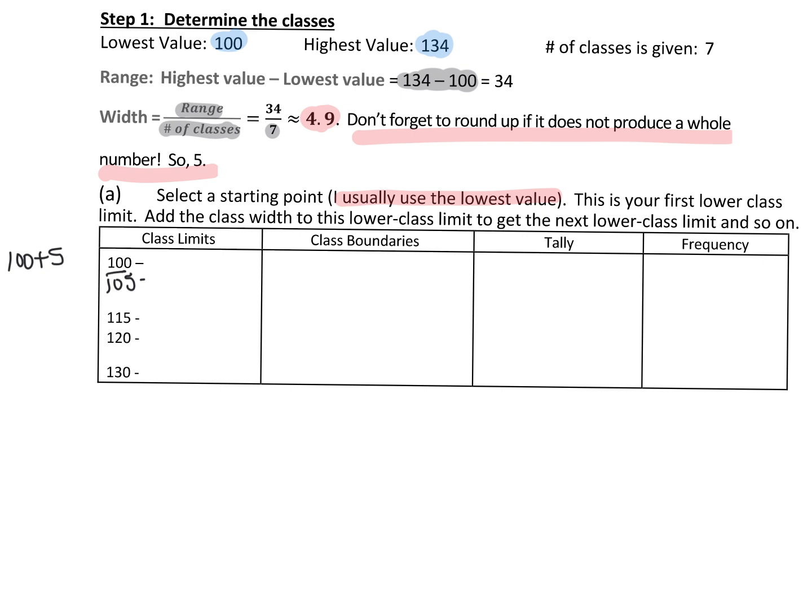And then 105 plus 5 would be 110. 110 plus 5 is 115, which is already marked. 115 plus 5 is 120, which is already marked. And then 120 plus 5 is 125, which would go here. That's going to help me with the lower class limits.